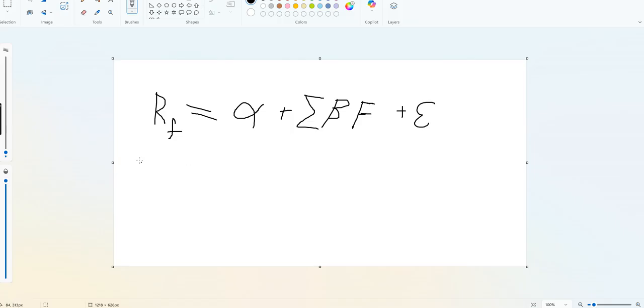So this middle term is probably the most interesting. Effectively, this is the part of our returns that explains market returns, right? Let me type it out.